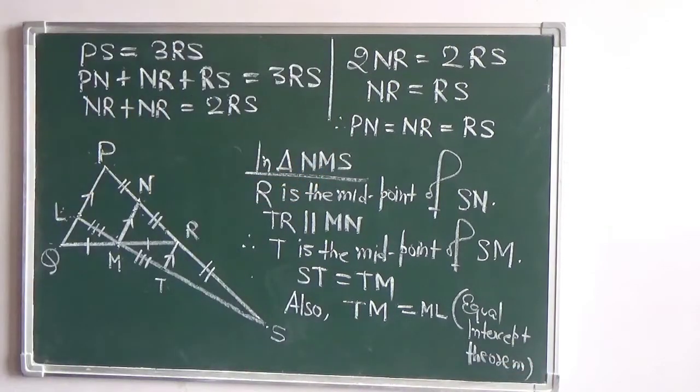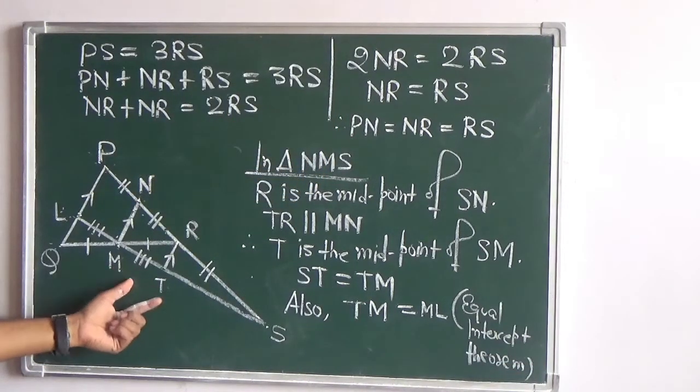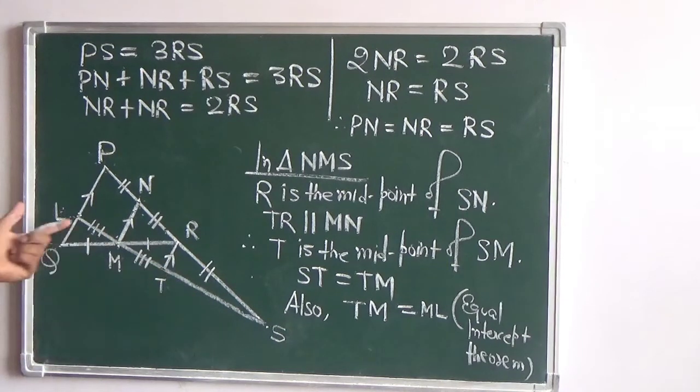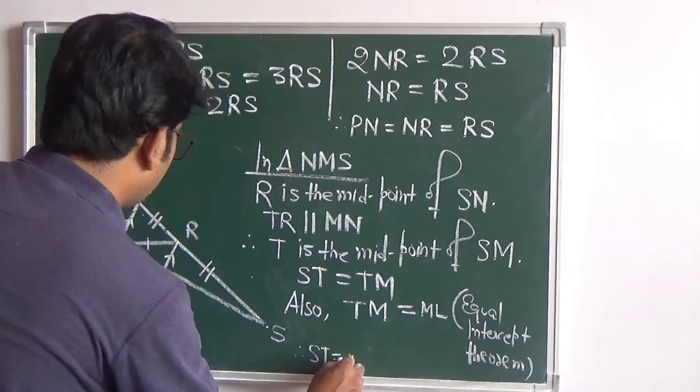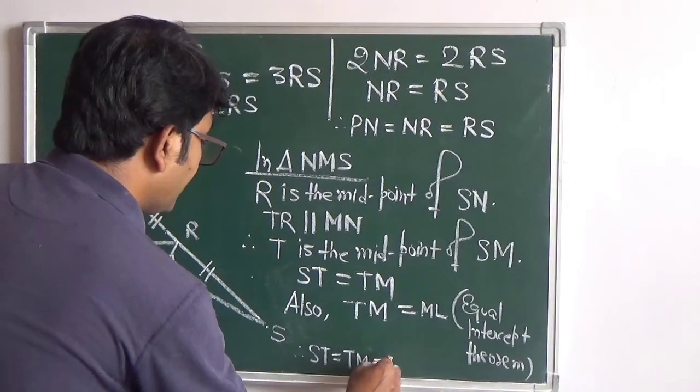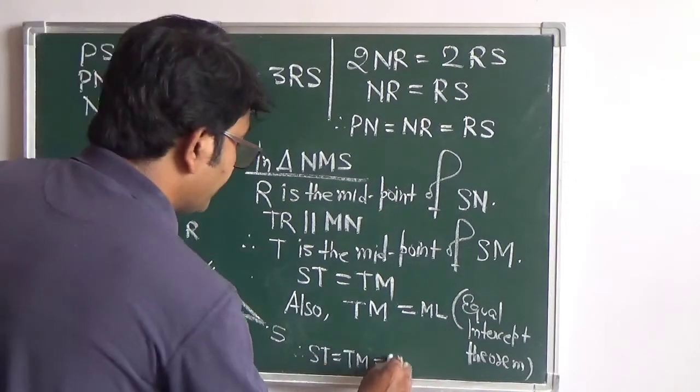So if ST equals TM and TM equals LM, that means all three are equal. Therefore ST equals TM equals ML.